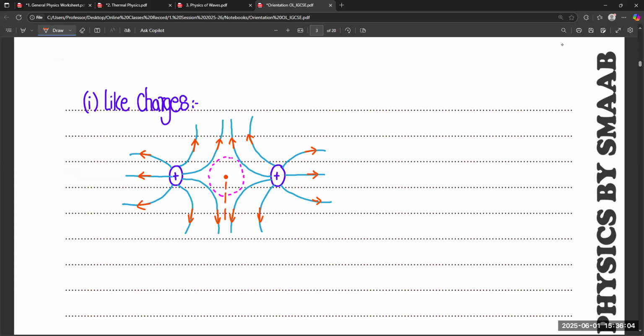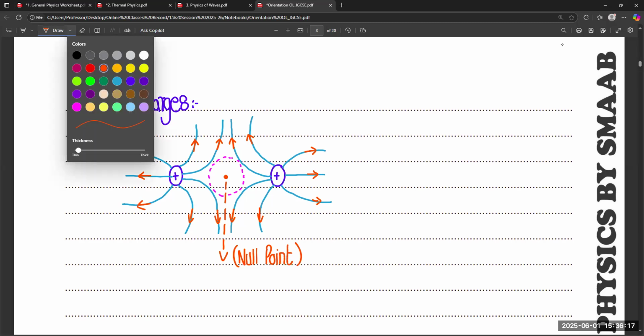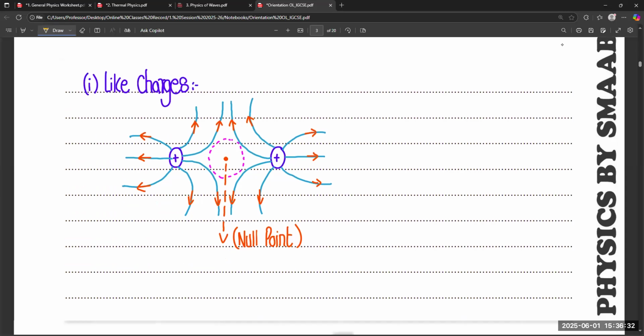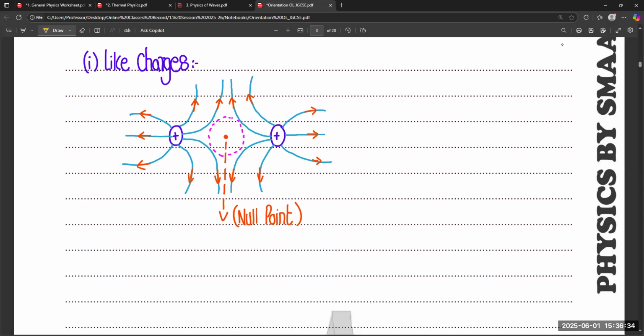something they used to ask about in exams also. This is called a null point. Why it is called a null point, you can observe from the diagram: there are no field lines. For example, if you place any charge in this specific region, that charge will not move in any direction, because no electric field exists at this point.